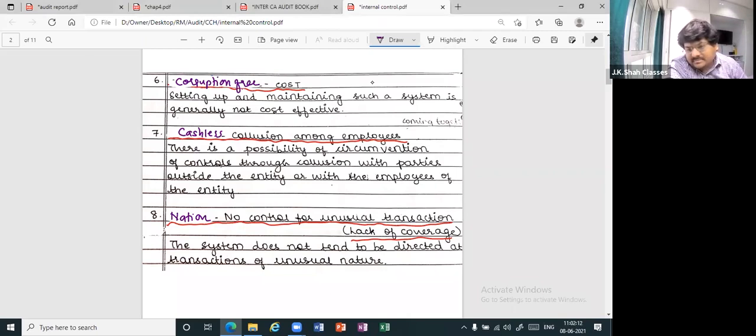Did you go and update the key chart? No, then go and update the key chart also.